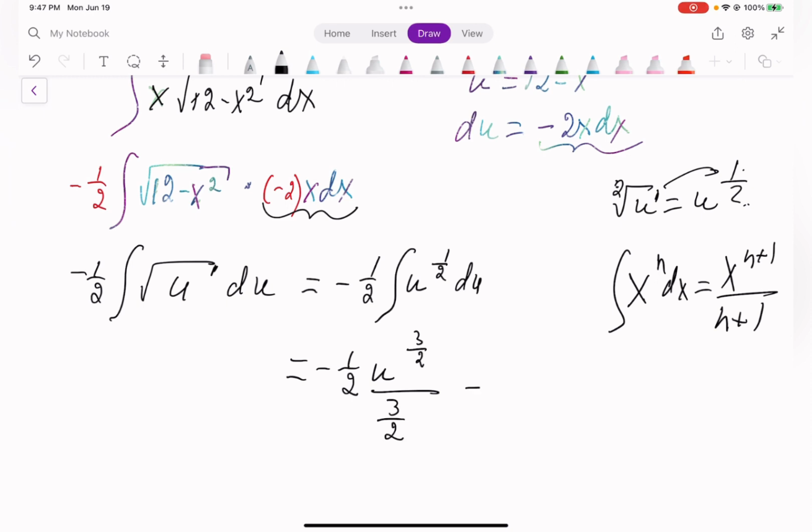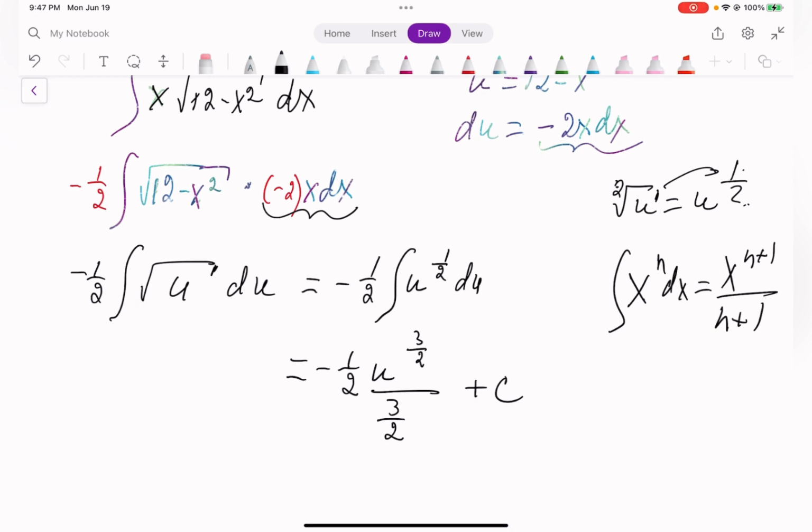right? And plus c. Since we don't have a definite integral, we don't have specific limits where we are going to integrate. Therefore, we are putting there c, which is going to be the antiderivative constant. It can be some number.